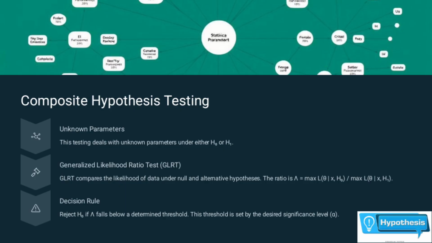Decision rule: reject H0 if lambda is below a determined threshold. This threshold is set by the desired significance level alpha. Then reject the null hypothesis H0.